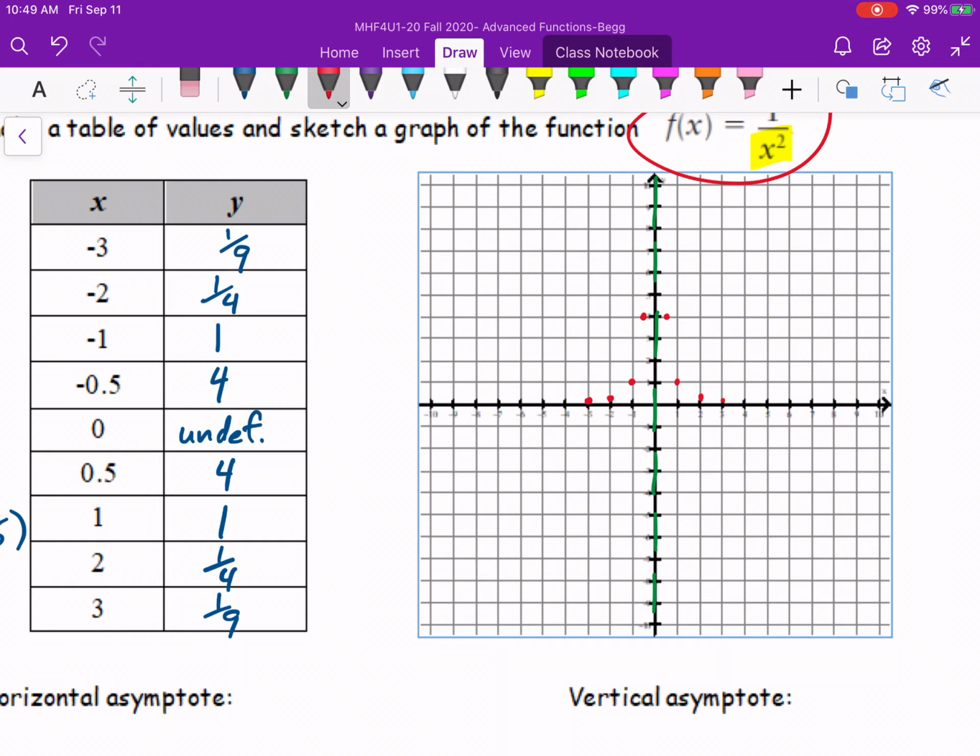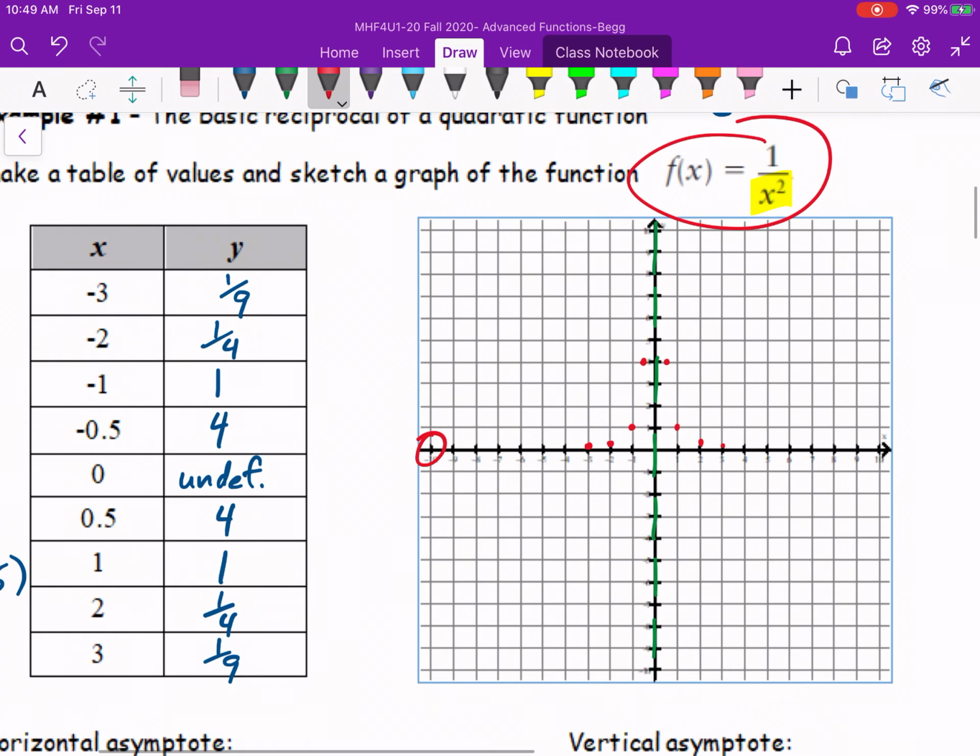So again, what's the graph looking like? Well, if I were to go farther out, let's say, for example, I wanted to put negative 10 into my equation. When I square negative 10, I get positive 100. So I'd get positive 1/100th as my y value going along with negative 10.